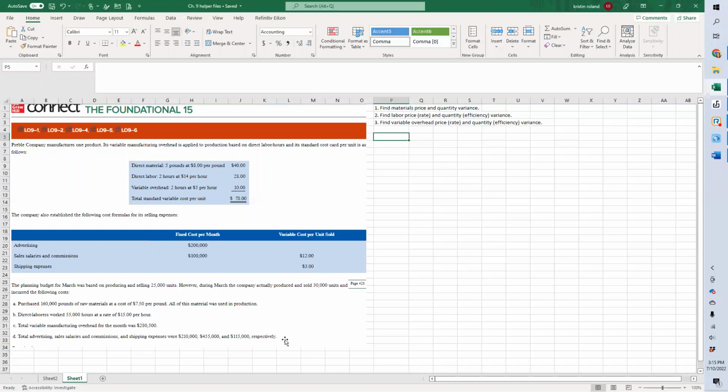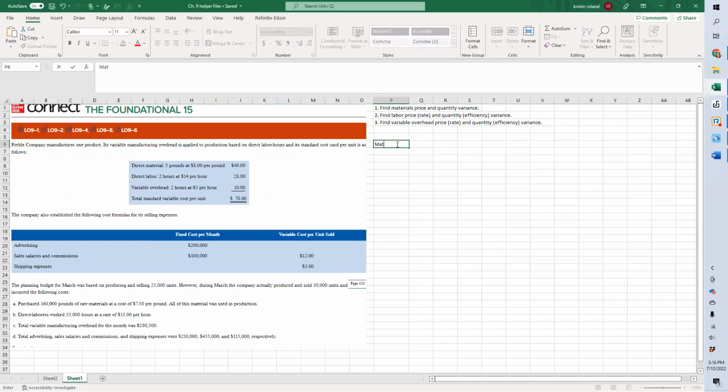So what we want to find out is the variances between our actual costs and what they should have been based on the actual level of sales and production. We're going to look at these three different types of variances: our direct materials, direct labor, and variable overhead.